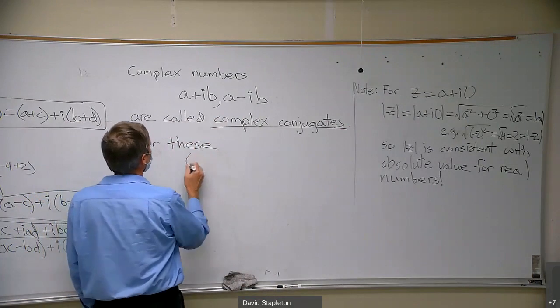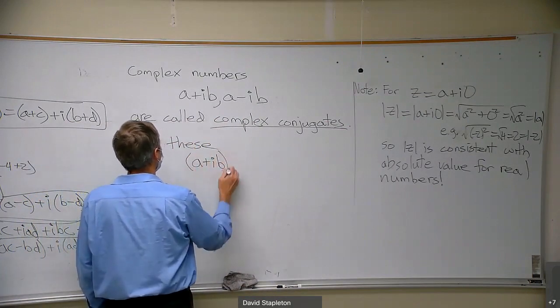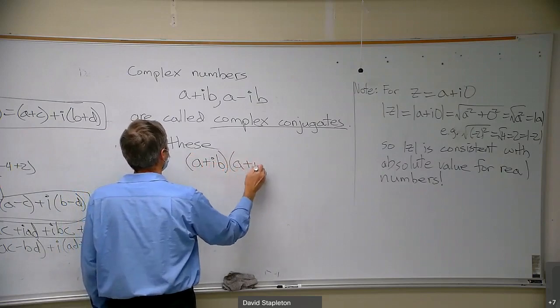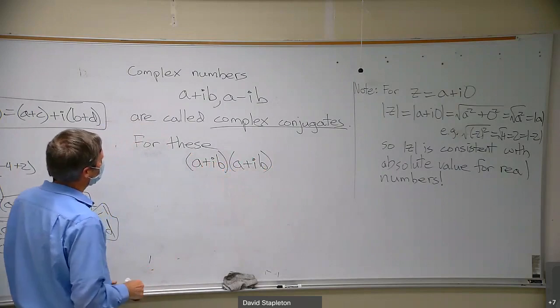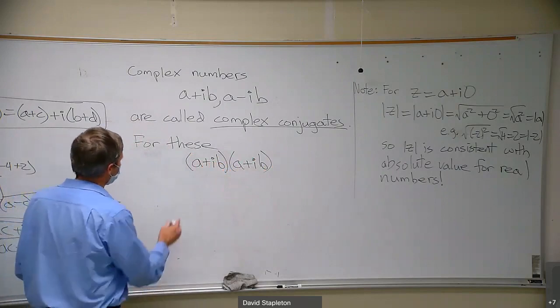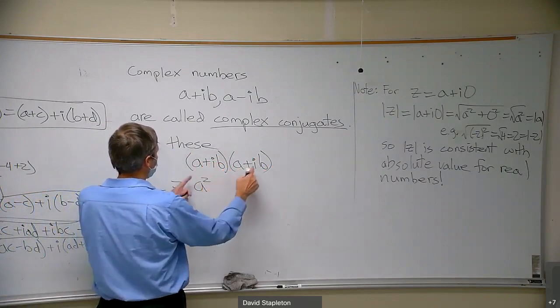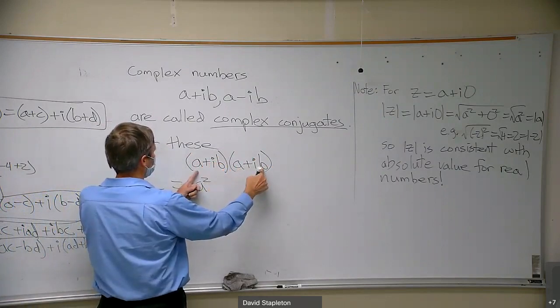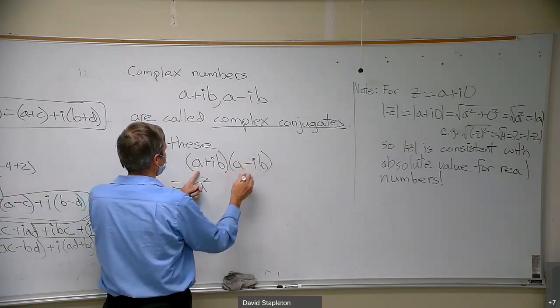For these, suppose I multiply these. A plus IB times A minus IB. No matter what A and B are, they're any decimal numbers whatsoever, any real numbers. What do I get by FOIL if I multiply by FOIL? A times A is A squared, plus this one times this one is, oops, sorry, I needed conjugates. A plus IB and A minus IB.